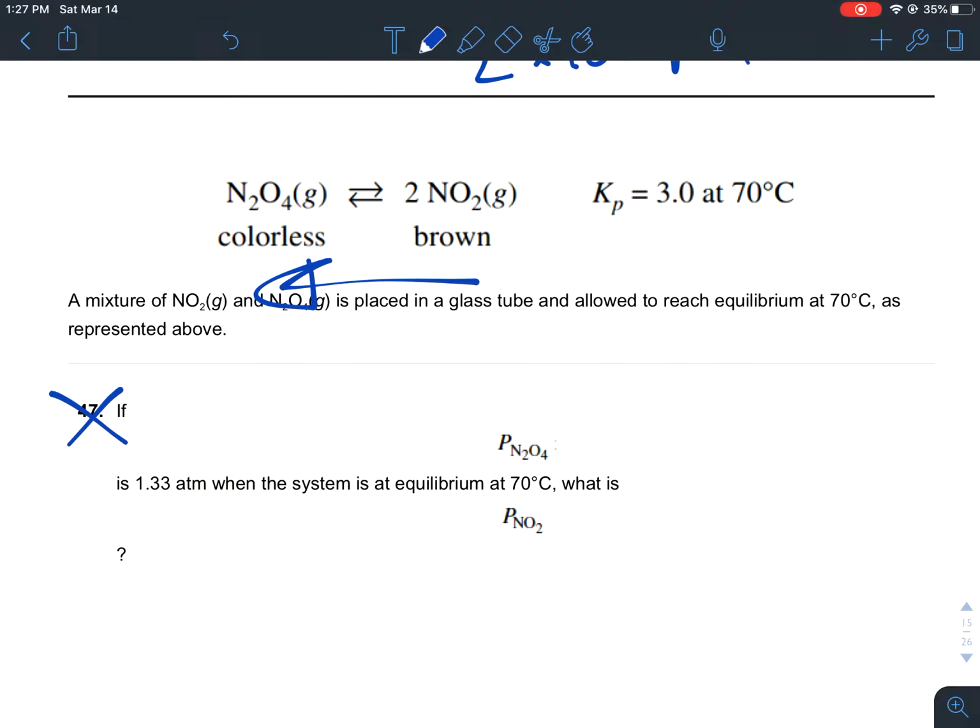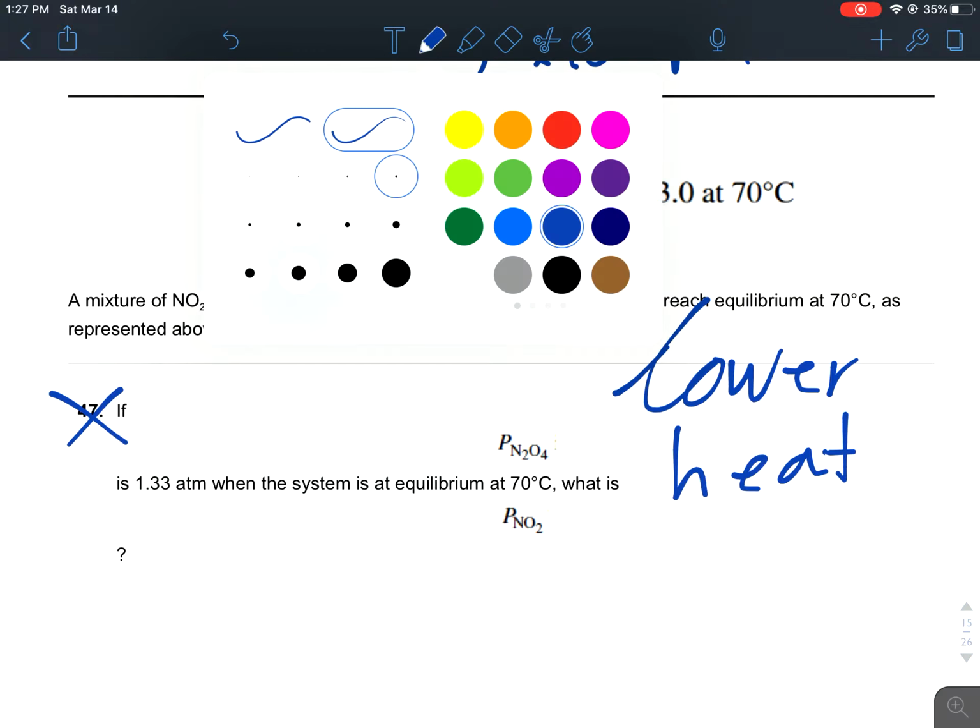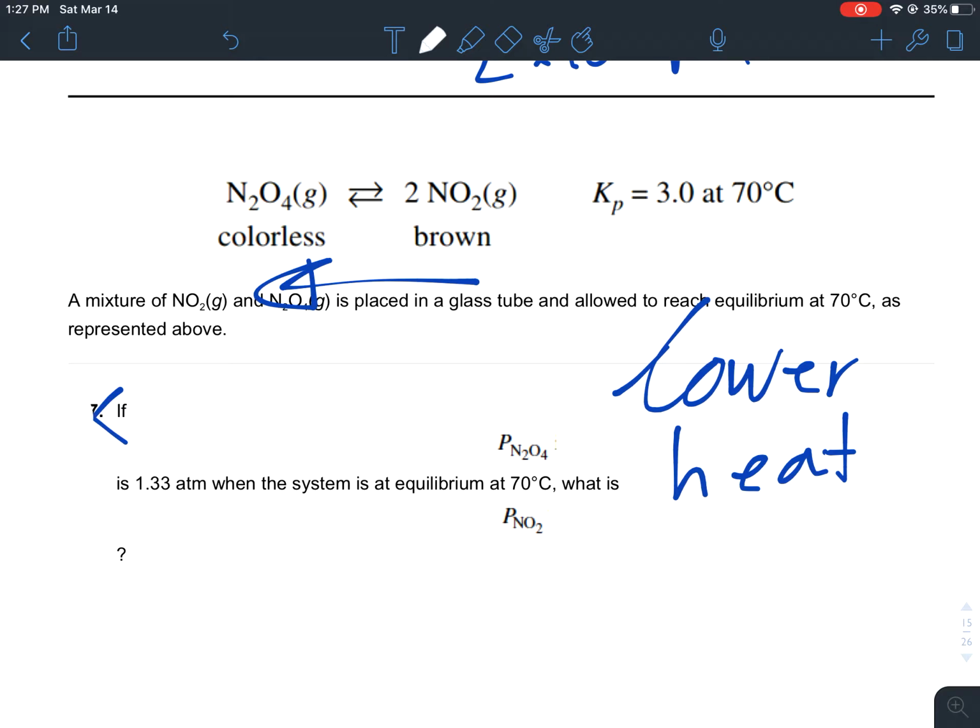Well, what would an ice bath do? It would lower the heat. So I want you to think of this in terms of exothermic and endothermic, because that's how temperature affects equilibrium.